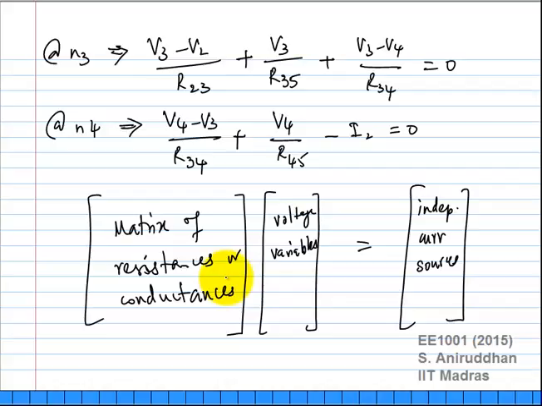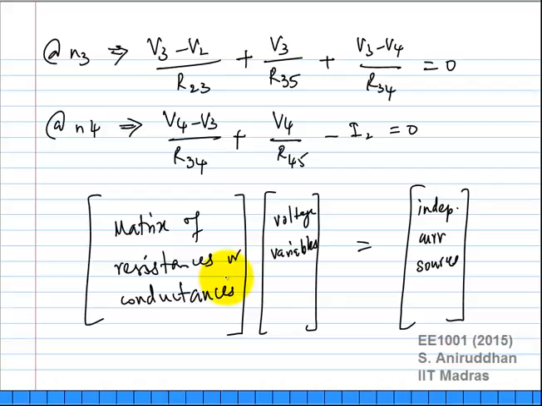Okay, this will be a matrix consisting of resistances and conductances, but it will have a certain, as we will soon see, pattern. Okay, it will have a certain pattern, and we want to figure out what that pattern is. What will that pattern depend on? In what form will it be?